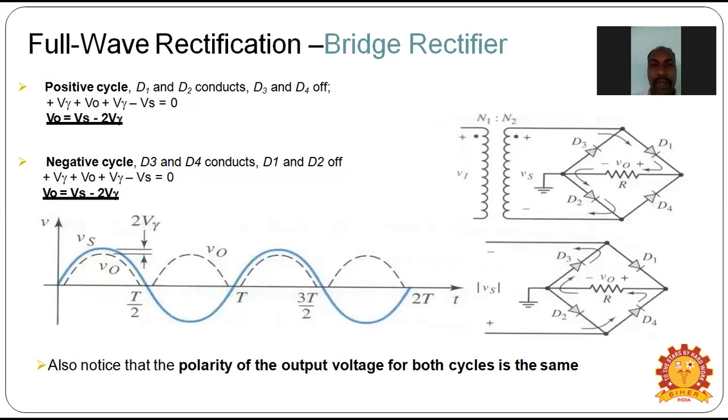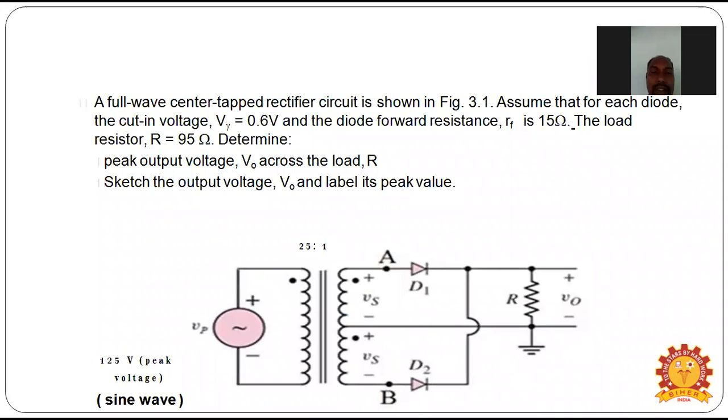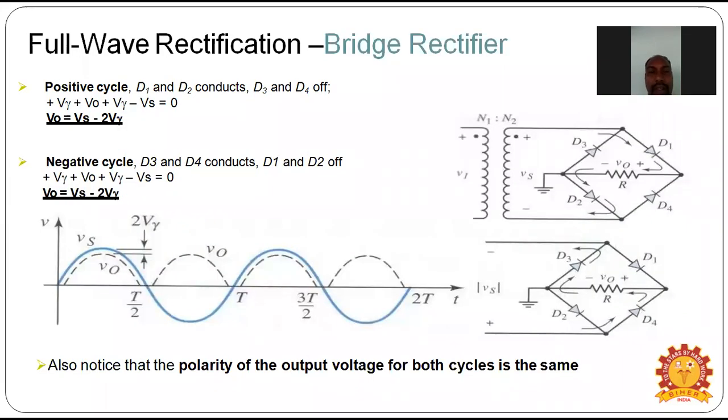The diagram will represent the clear structure. Also notice that the polarity of the output voltage of both cycles is the same.